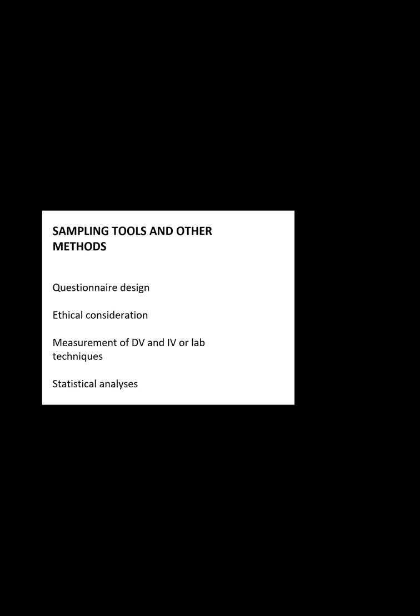Next, after looking at your study design, sampling techniques, study population, sample size, and questionnaire design and ethics, you need to measure your dependent and independent variables. I will explain this in a bit. The independent variables are the factors that can affect your outcome.